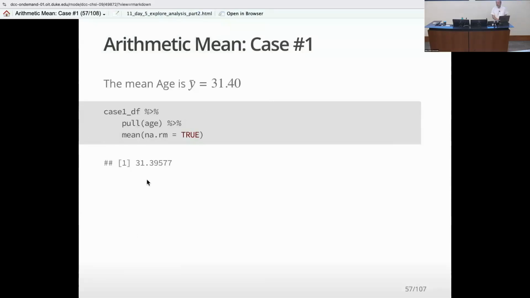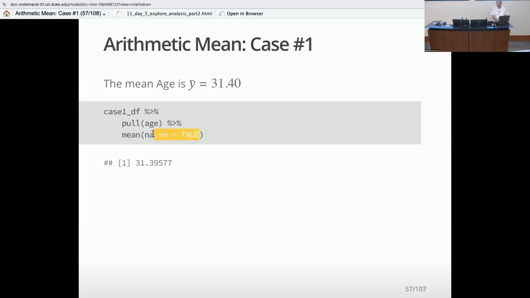If we want to do that for our data frame, we're going to do something similar to what we did before: use pull to get the age column as a vector, and then use the mean function. We need to say na.rm equals TRUE. That'll drop any values that are NAs, because there are some NAs in our data set. Usually you're going to have some NAs in real data.